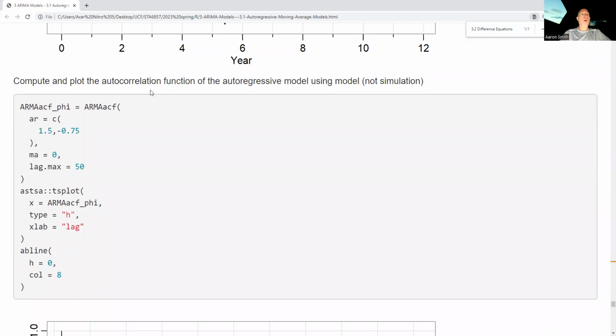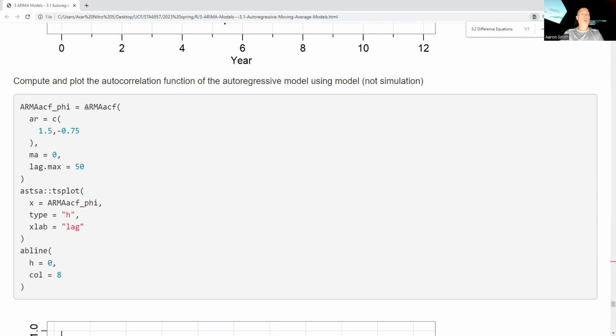And so now let's go ahead and compute just off the coefficients. I don't need to know the actual time series. I don't need the data. I can actually use the theory we just worked out to figure out the autocorrelation function. So let's go ahead and do that.